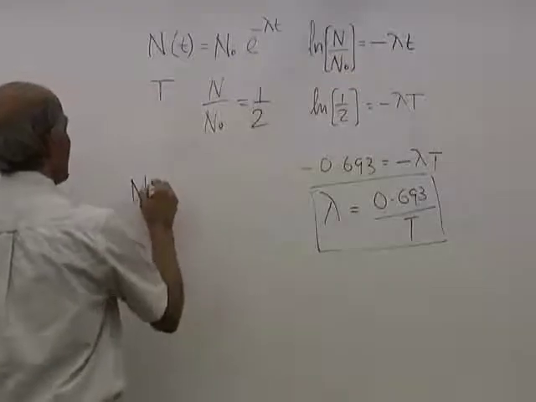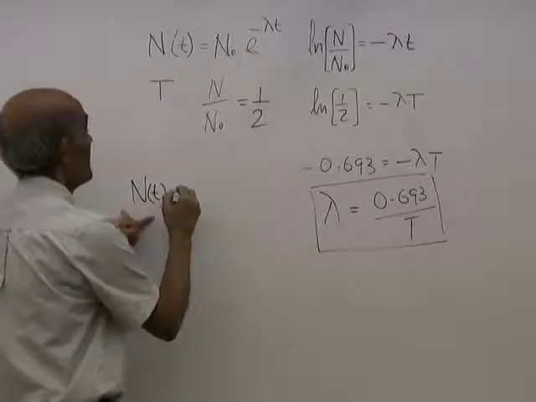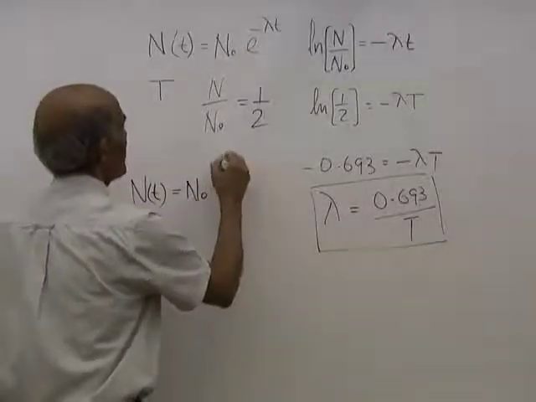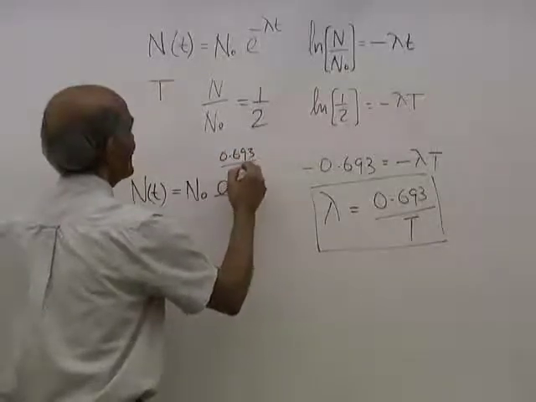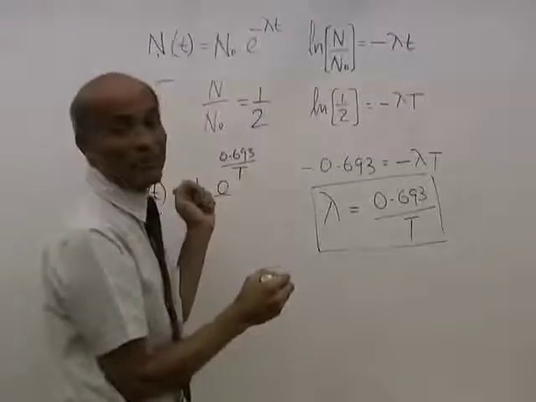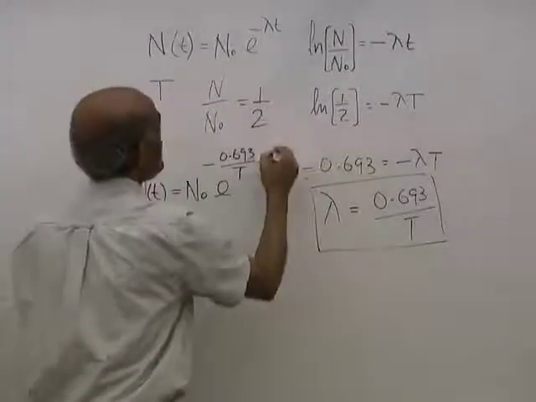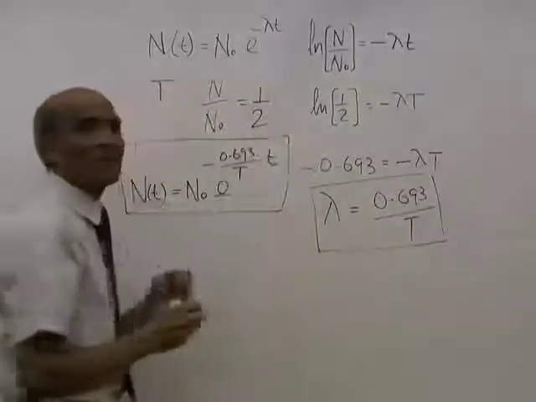N of t, the number of disintegrating atoms at any given time, equals n0 e to the power of negative 0.693 over T, that is your lambda, times t, and that equation is a useful equation too.